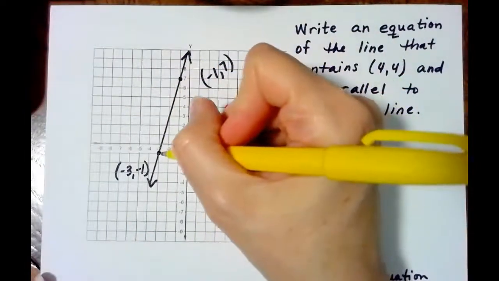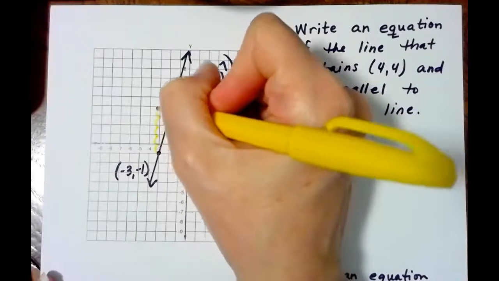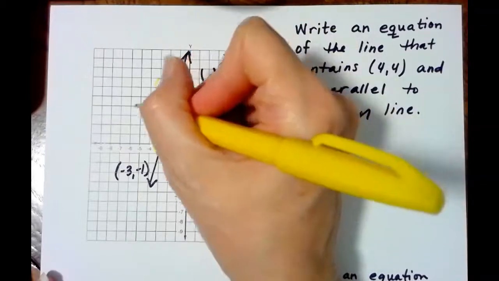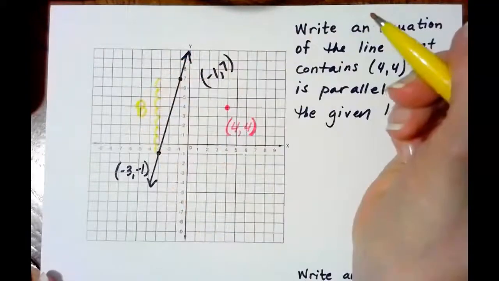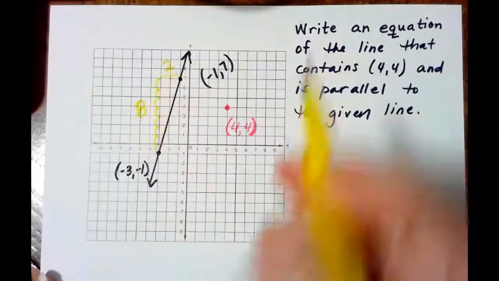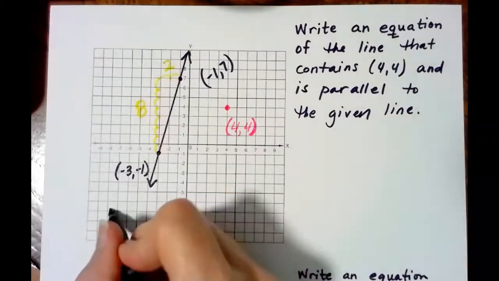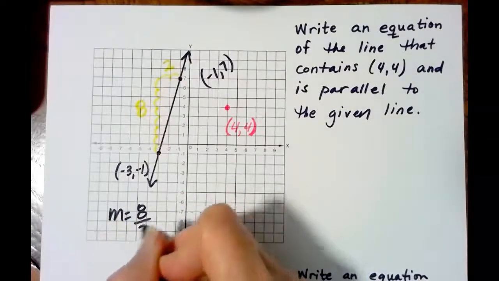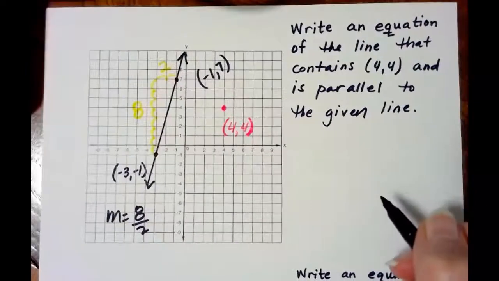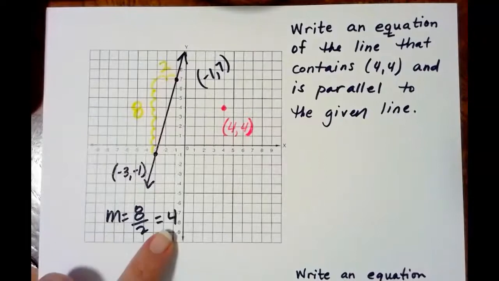From the bottom point, let's rise 1, 2, 3, 4, 5, 6, 7, 8. So we're rising 8 and we're running 1, 2. So rise 8, run 2. So our given line has a slope of 8/2, and of course 8/2 reduces to 4. So our given line has a slope of 4.